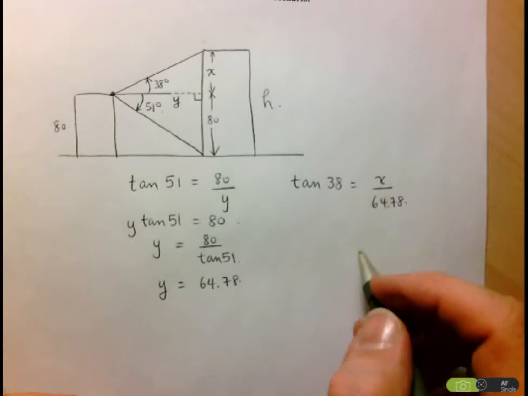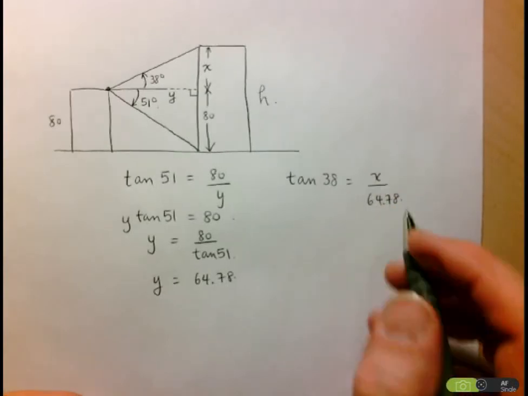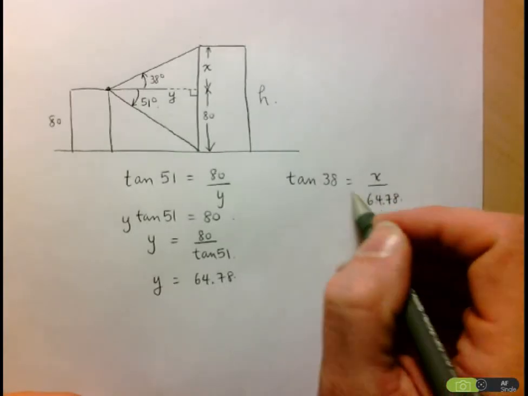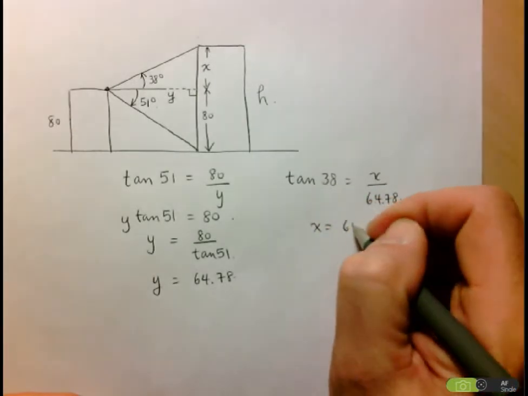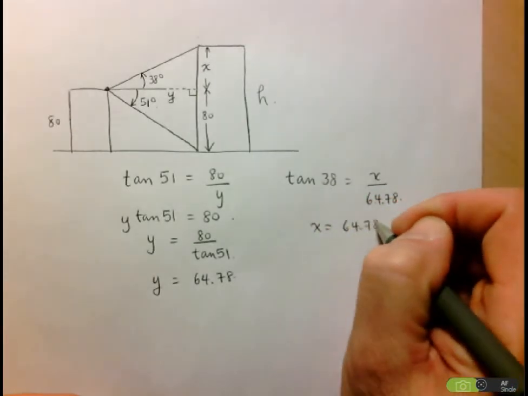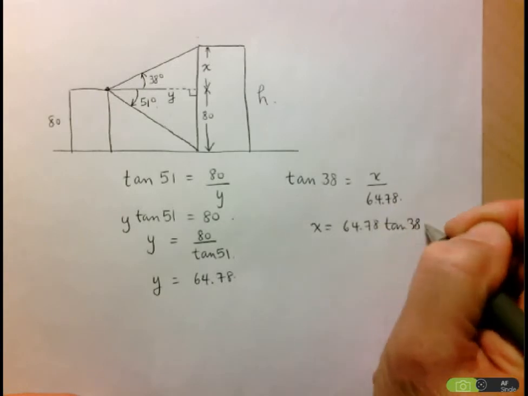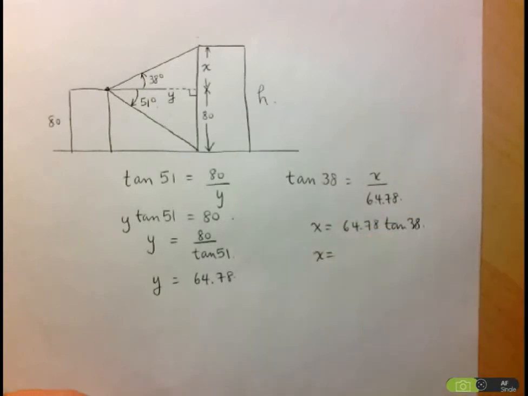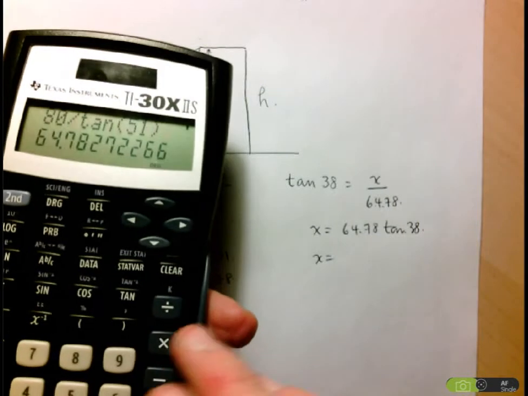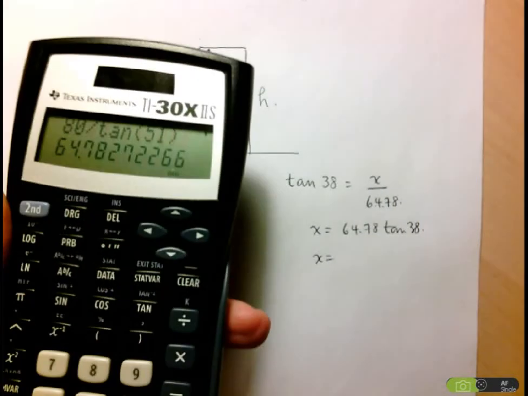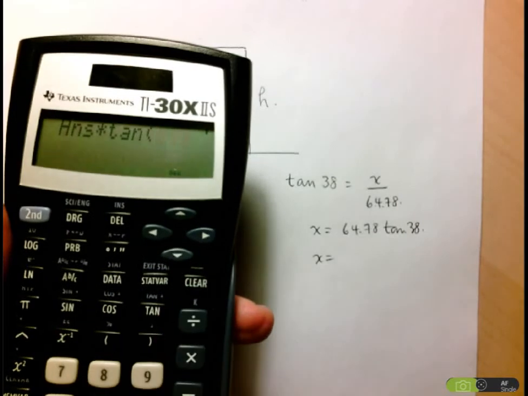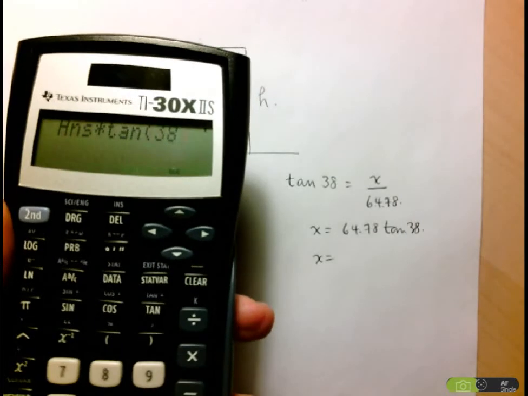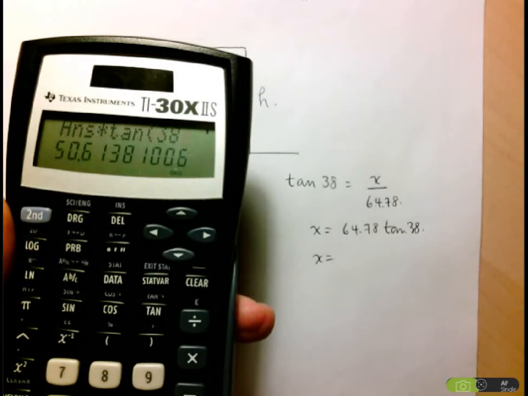This is nice because the variable is already in the numerator, so I just have to multiply this 64.78 to the other side of the equation. So 64.78 times tan of 38. Now let's calculate that. Here we have 64.78 already on the calculator, so I'll just multiply that by tan 38, and I've got 50.61.